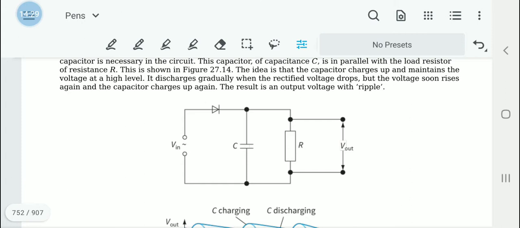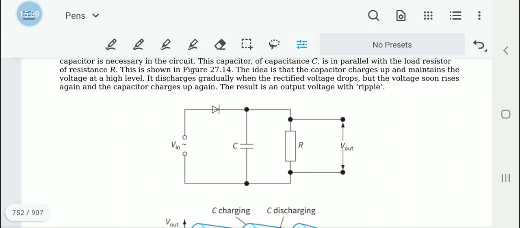When the capacitor charges, it maintains a high voltage, but when the rectified voltage starts to drop, it will discharge, maintaining that voltage in the circuit.